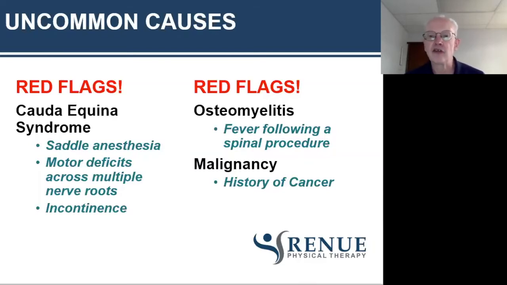As you're sitting down, think of the area where you're sitting as being completely numb, you can't sense anything. Or, in a worse case scenario, think of pain in the area where you're sitting down that feels like it's burning and never goes away. That's what cauda equina syndrome can do.